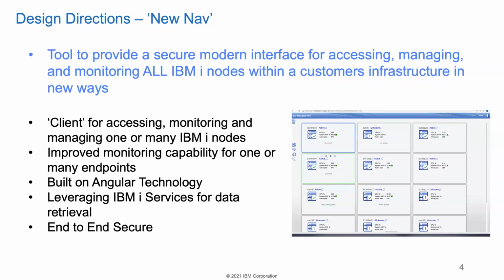We wanted to make it look much like other interfaces. There's some design requirements that we needed to conform to from an IBM design perspective that we wanted to take advantage of, and we wanted to be able to access, manage, and monitor all IBM i nodes within a customer infrastructure, and do that in new ways.